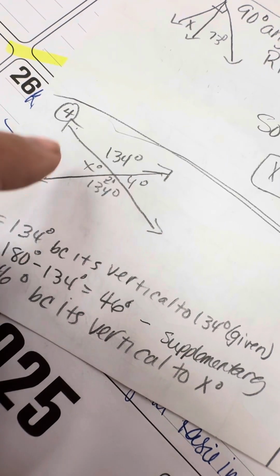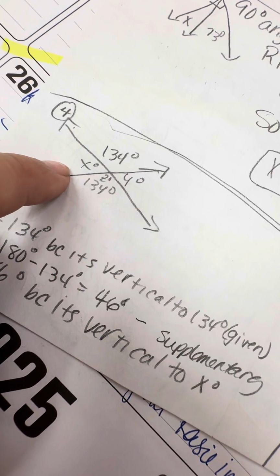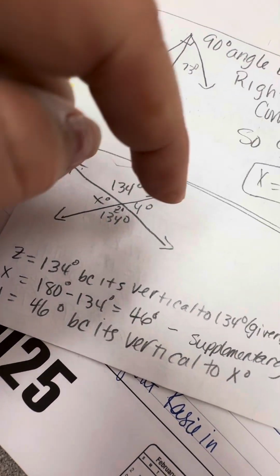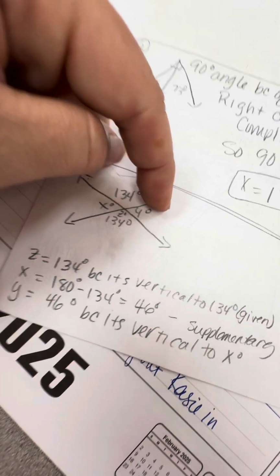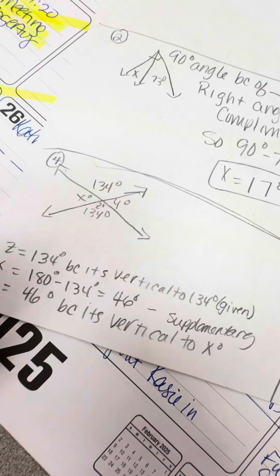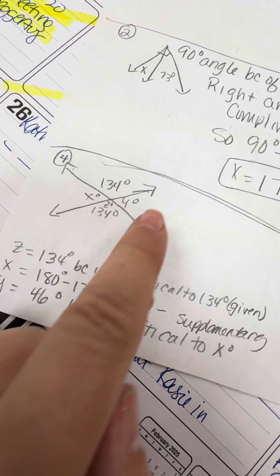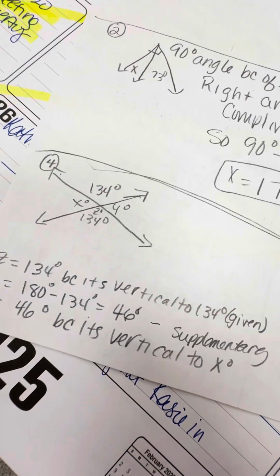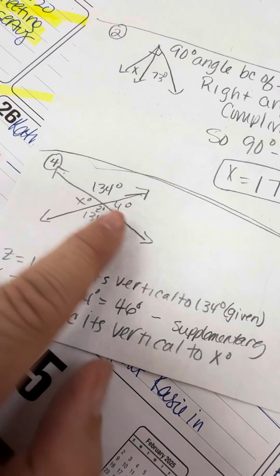If X is equal to 46, so is Y because they are vertical. And then 134 plus 46 gives you 180, which completes this straight line.